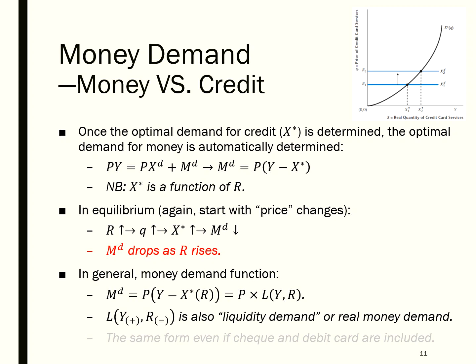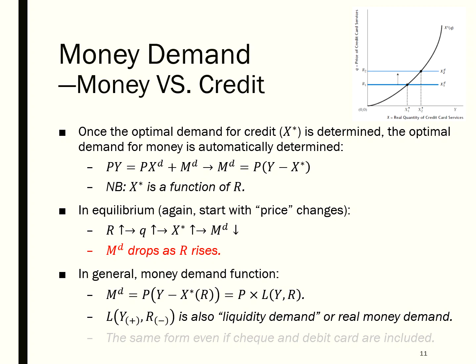So in general, we can rewrite the money demand function in this generic way. We just replace the bracket in this identity, Y minus X, with a liquidity function, L, which depends on both output, Y, and the interest rate.